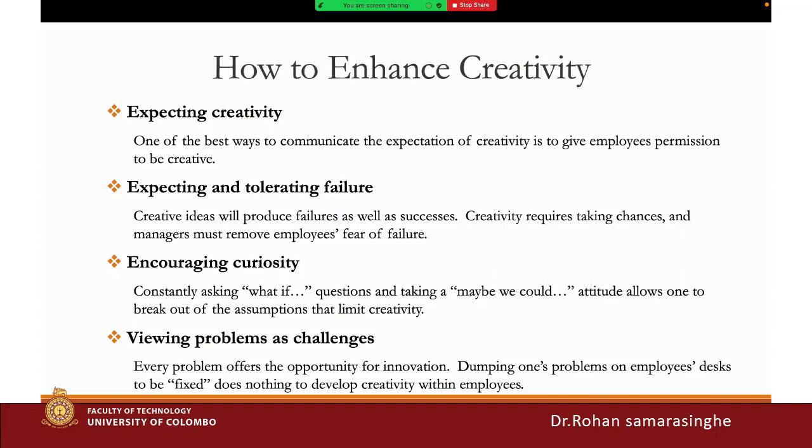If they make some mistakes, the company must tolerate that and give the freedom to think creatively. Creative ideas produce failures as well as success. It is not always success, there may be some failures. Creativity requires taking chances, and managers must remove employees' fear of failure.